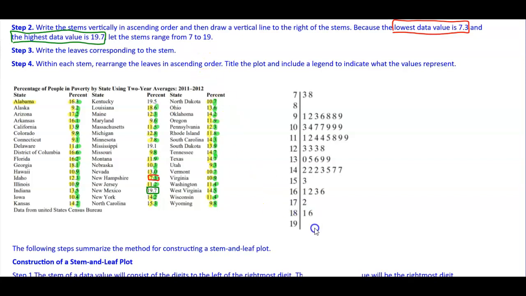So therefore that's 18.1 and 18.6. And our last stem is 19. So we have 19.5, 19.1, and 19.7 with a leaf of 5, 1, and then 7. So therefore we would then have 19.1, 19.5, and 19.7.